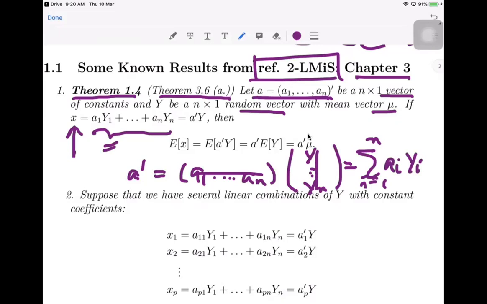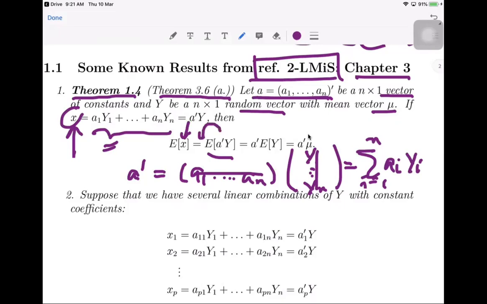And if you get the expectation of this new random variable, which is the linear combination of your random vector y, it's just equal to, okay, this is by substitution of your x, which is a prime y.